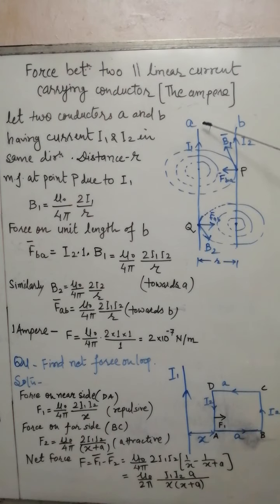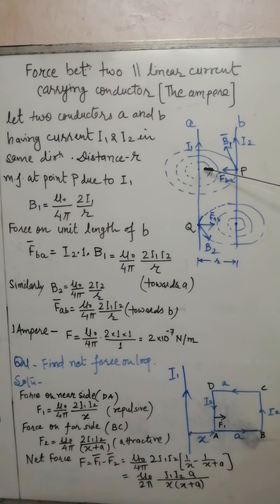So let us consider first conductor A. Now we know that around a current carrying conductor, we experience a magnetic field. According to the right hand thumb rule, the direction of current is this, so these are the magnetic field lines around this conductor.